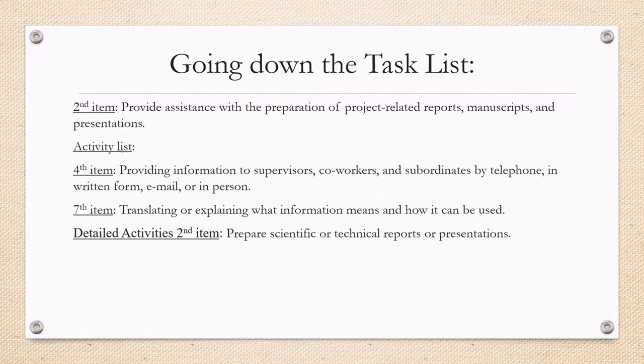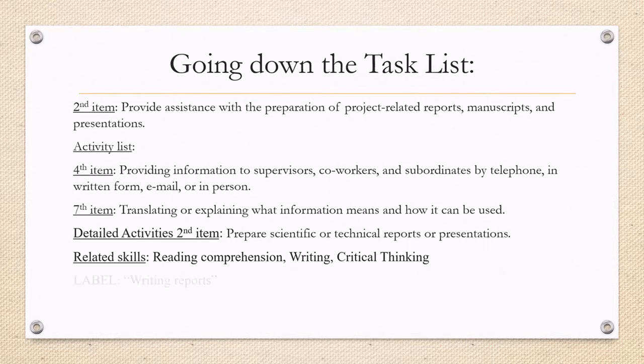In the detailed activity list, the second item says prepare scientific or technical reports or presentations. So again, this matches up with the second item in the task list. And related skills for this category might be reading comprehension, writing, and critical thinking. And we might label this category writing reports.